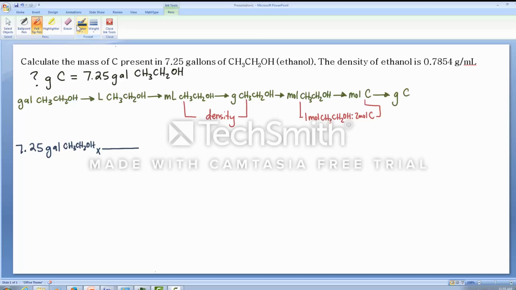And what I'm going to do is, that's quite long, so I'm just going to write ET for ethanol. So when I write ET, that means CH3CH2OH. Okay, so let's start out with 7.25 gallons of ET.